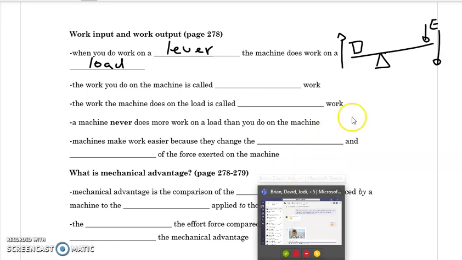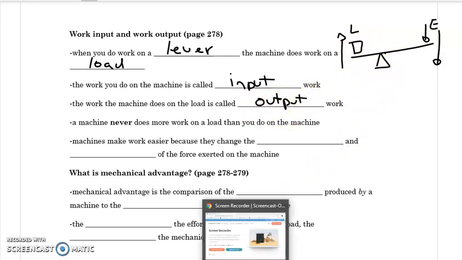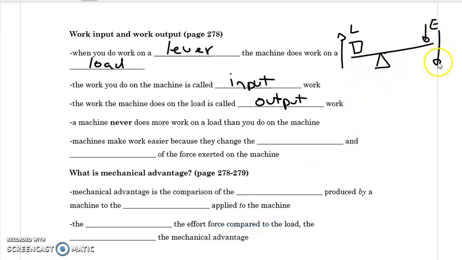And so the work that we do, this effort, is known as the input work, where the machine does work to the load. So this side here, that is known as the output work. And your lever is really just the simple machine. Now, the amount of work done here is never less than the amount of work done here.